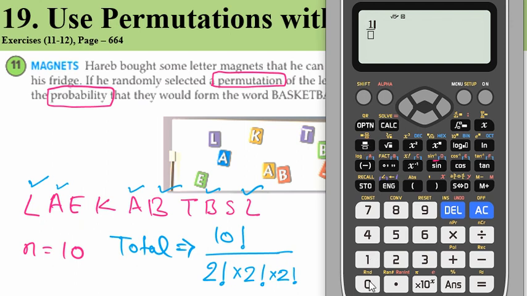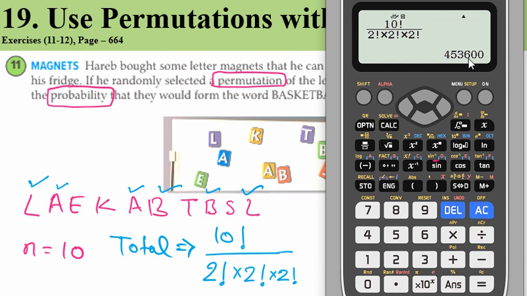Now write 10, then shift, and where is the factorial? This one, factorial x. So 10 factorial, go below into the denominator. Now 2, same process, shift factorial, multiply, again 2 factorial, multiply 2 factorial.